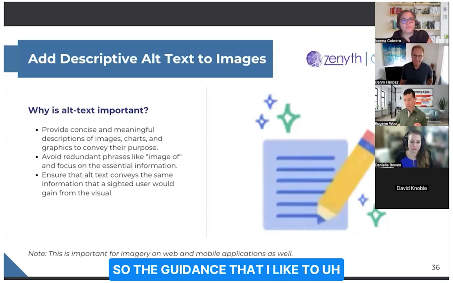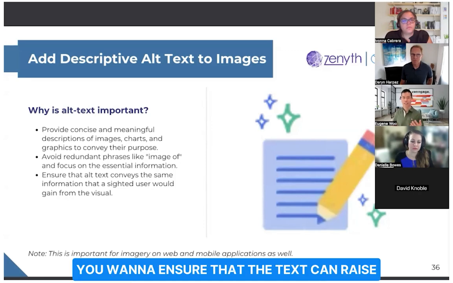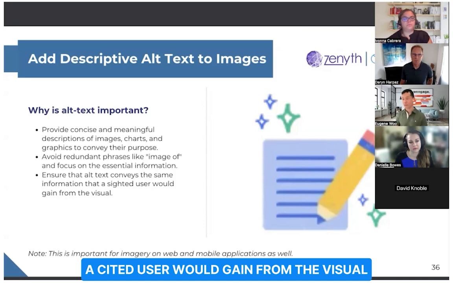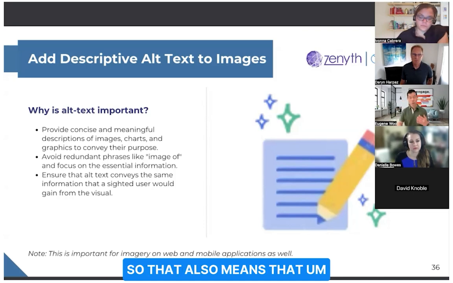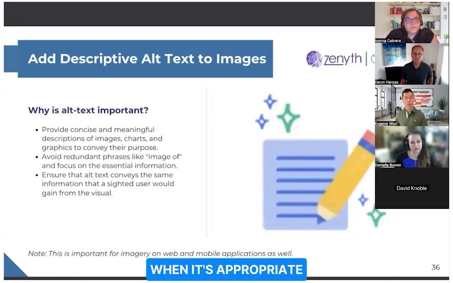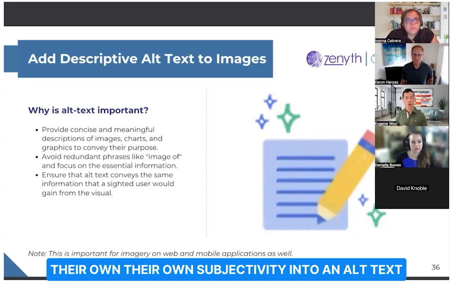So the guidance that I like to tell people is, you want to ensure that the text conveys the same information a sighted user would gain from the visual. That also means that you can add your subjective opinions in the alt text when it's appropriate. Now, a lot of people are afraid to put their own subjectivity into an alt text.